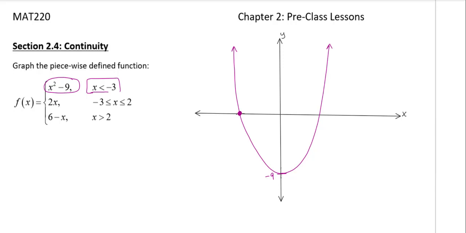And it's only good for values less than -3. So what I'm actually going to do is make that an open point at -3, 0. And I'm going to erase all of the x values that are greater than -3. So I'm going to erase the whole rest of this parabola.